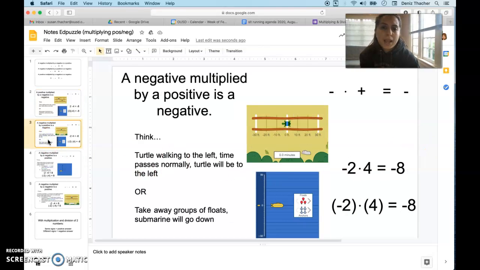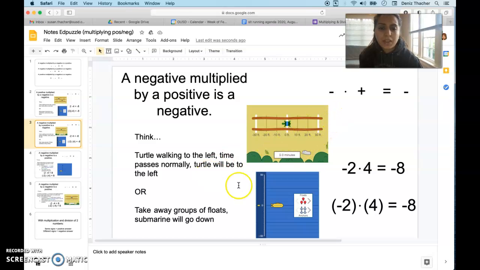When we multiply a negative by a positive, you'll also get a negative. So in this situation, let's think about Tim, or maybe Tam, and this turtle would be walking to the left. So again, this time he's starting off to the left. Time passes by normally, so he continues to walk to the left. So the turtle will end up to the left, or towards negative numbers if we think of a number line.